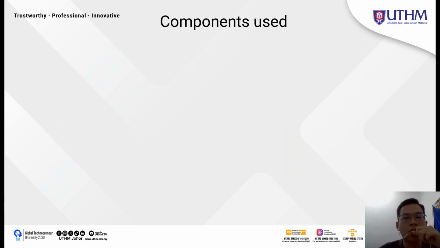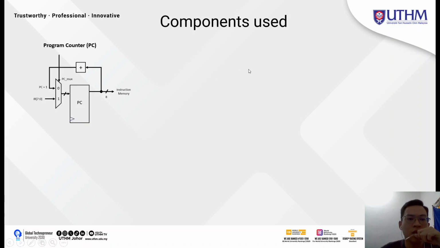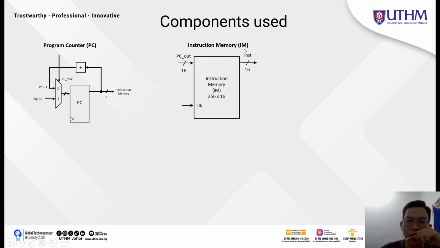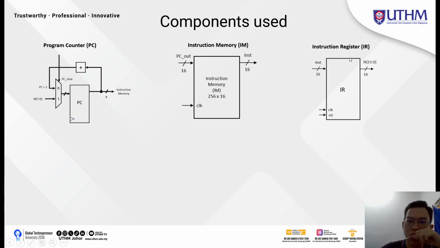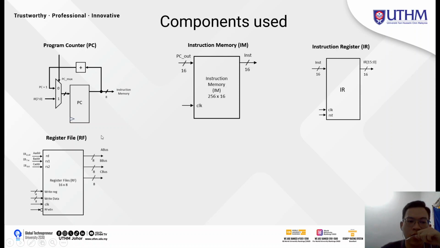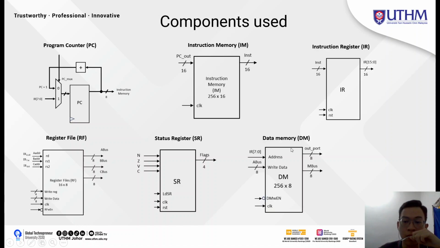Next, the components used in designing this pipeline processor are: first, program counter (PC). Next, instruction memory (IM), instruction register (IR), register file (RF), status register (SR), data memory (DM), and a 4:1 multiplexer, which is used to select the data that needs to be written back to the destination register based on the control signal RF_MUX_WB.